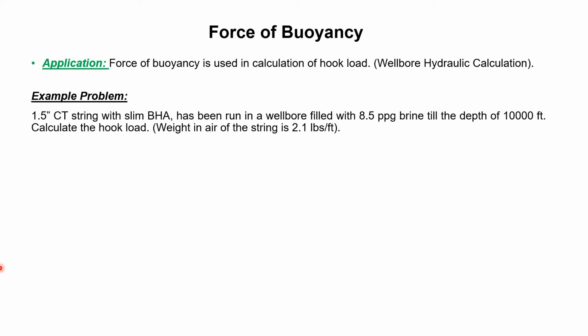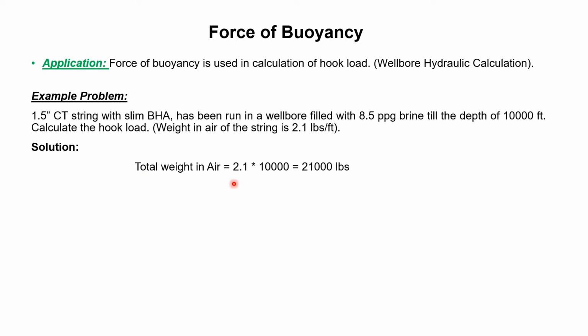So 1.5 inch CT string with slim BHA has been run in a wellbore filled with 8.5 ppg brine to a depth of 10,000 feet. We have to calculate the hook load, while the weight in air of the string is 2.1 pounds per foot. Let's see how to perform the calculation of hook load. First of all, calculate total weight in air.